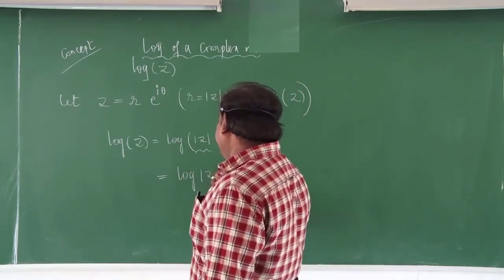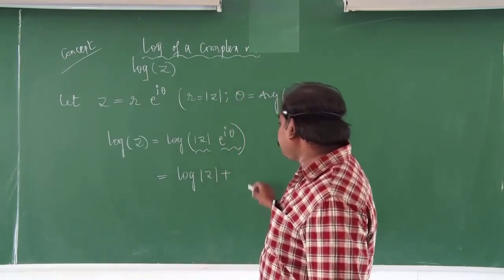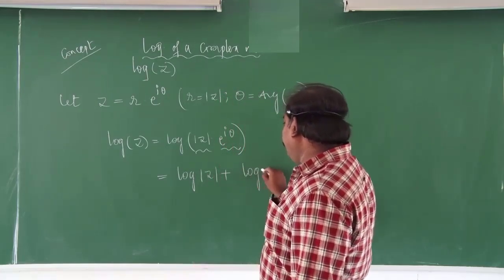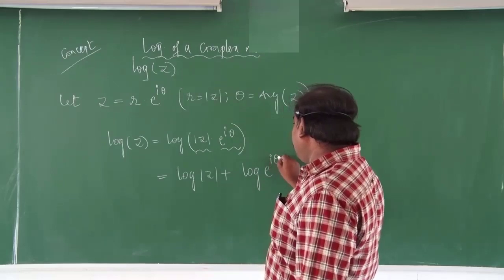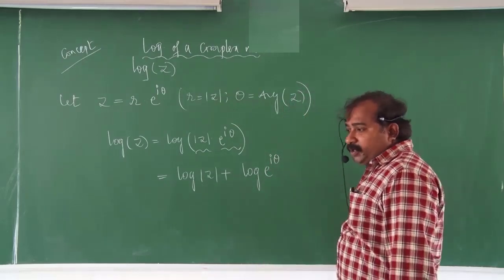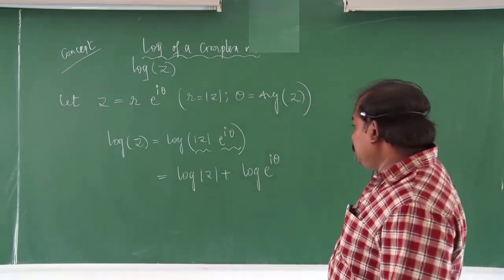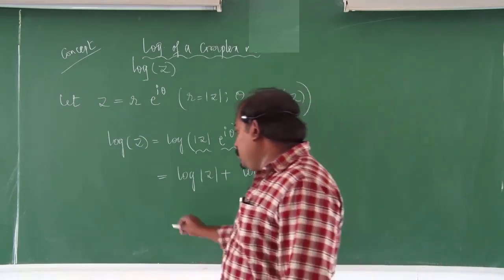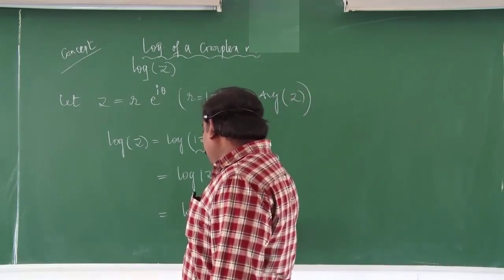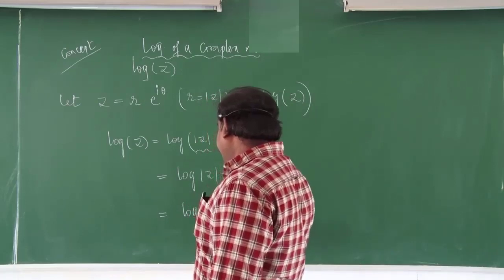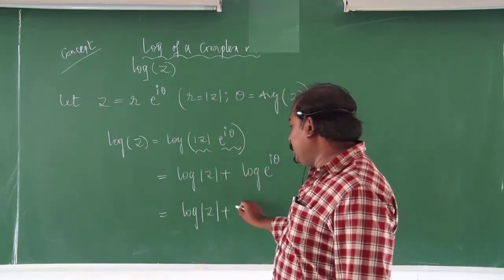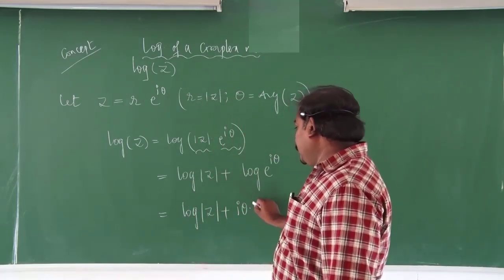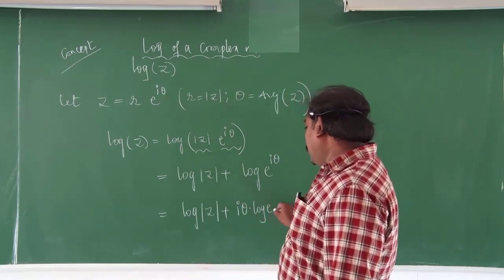According to the properties of logarithm, how can I write this value? Logarithm of mod z plus logarithm of e power i theta. Now which is equal to logarithm of mod z plus, how can I write this? i theta into logarithm of e.